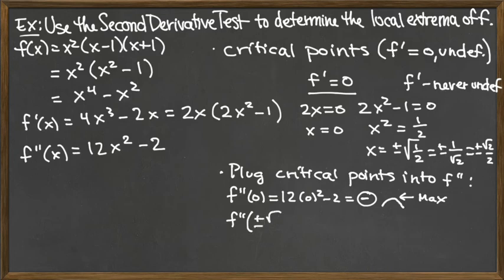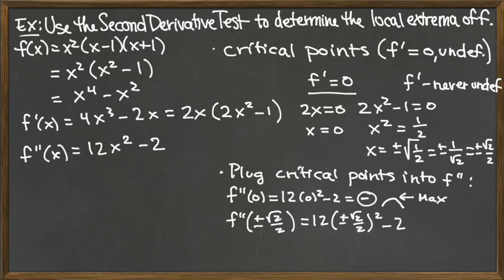So I'm going to go ahead and just plug these in together, because that would be 12 times either plus or minus root 2 over 2. We're going to take that and square it, and we're going to subtract 2. And we remember here that the root 2 over 2 is really the square root of 1/2. And so then we're going to square that. So it's really 12 times positive 1/2 minus 2.